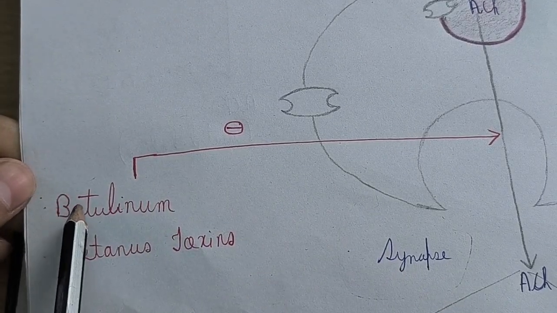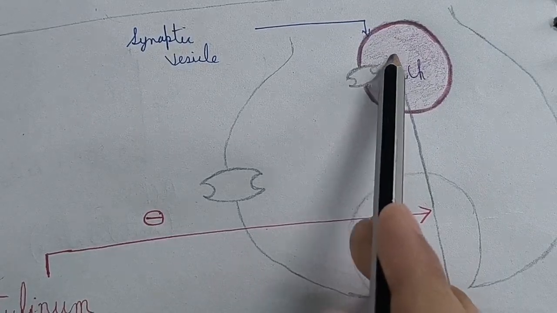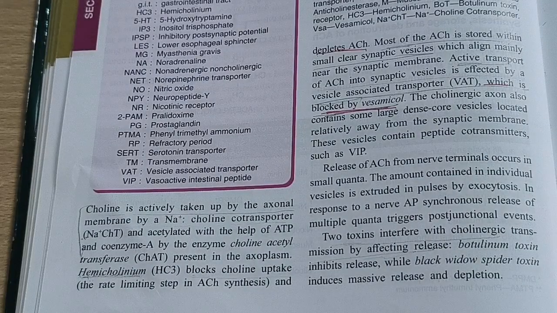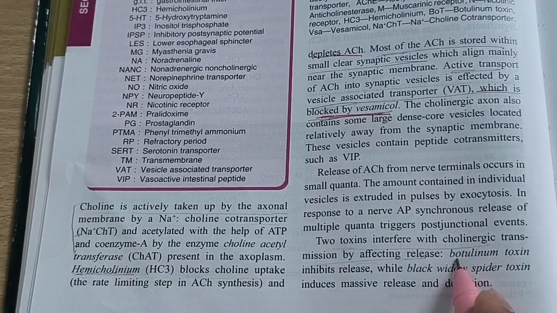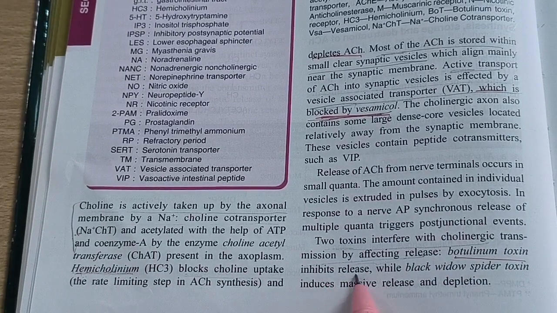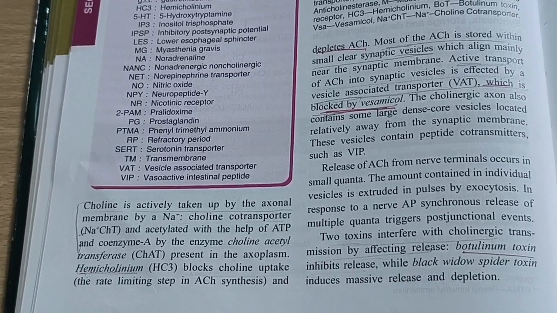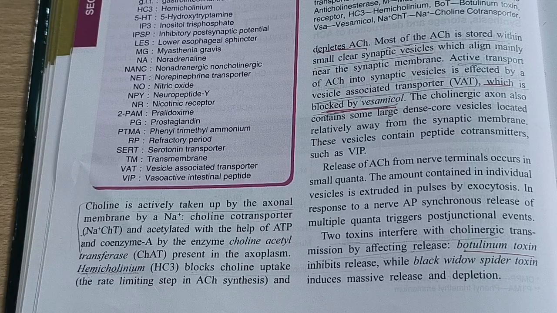So what are the two drugs? Botulinum and tetanus toxins inhibit the release of acetylcholine from the synaptic vesicle. Here I have also mentioned that botulinum toxin inhibits release, while black widow spider venom and tetanus toxin also inhibit release. So these are all the drugs affecting acetylcholine.